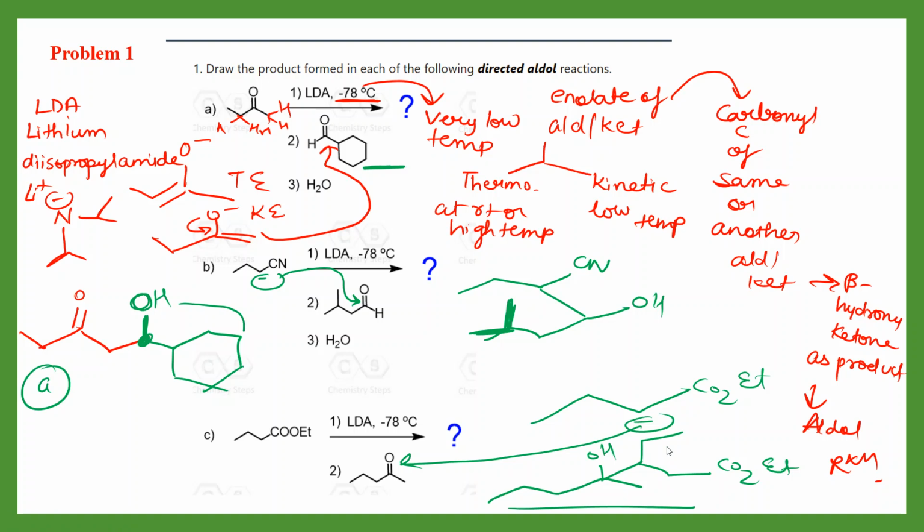Another take home message from this slide is you have to draw only the aldol product here, not the aldol condensation product, because neither heat is given nor H plus H2O condition is given at the last step. Okay. So I hope I'm clear.